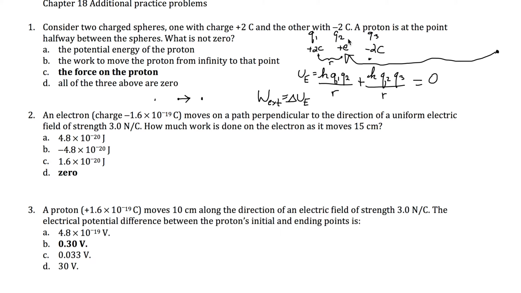And then between Q2 and Q3, the proton is being attracted to that negative charge because they're unlike charges. I drew this arrow on top, but it should go here. I just don't have room. So this means that the proton is feeling 2 forces to the right. They do not cancel out, so the net force on the proton is not 0.